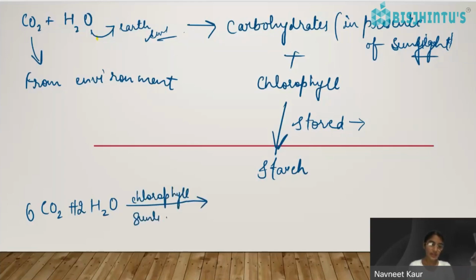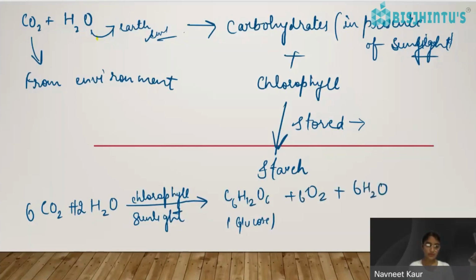Chlorophyll and sunlight, it leads to the formation of glucose. This is glucose, plus 6 moles of oxygen and 6 moles of water. This reaction you need to remember.